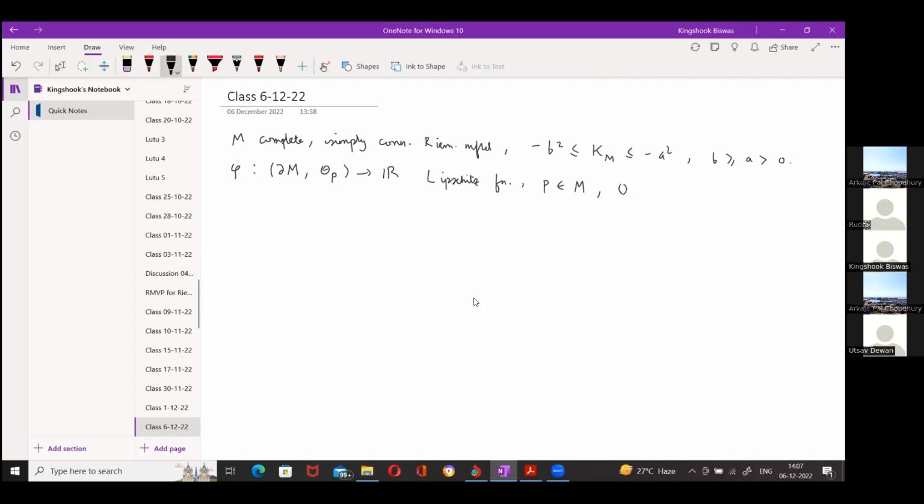And this theta P of two boundary points xi, eta is equal to the Riemannian angle between the unique geodesic rays from P to xi and P to eta.